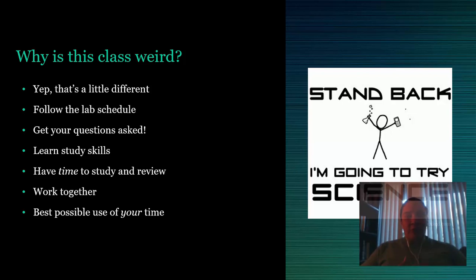It's also designed so that you should have some decent time to study and review, especially over your weekends. You will, generally speaking, have very little homework from this class over the weekend so that you have time to do so. That, and like I said, I assume that you're adults. You're going to need that time for your other classes, your work, and the rest of your life.